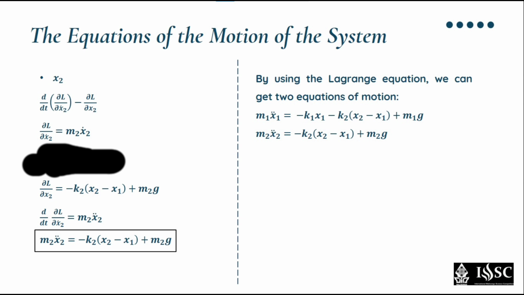So m2 x double dot 2 equals minus k2 (x2 minus x1) plus m2 g. By using the Lagrangian equation, we get two equations of motion. m1 x double dot 1 equals minus k1 x1 plus k2 (x2 minus x1) plus m1 g. m2 x double dot 2 equals minus k2 (x2 minus x1) plus m2 g.